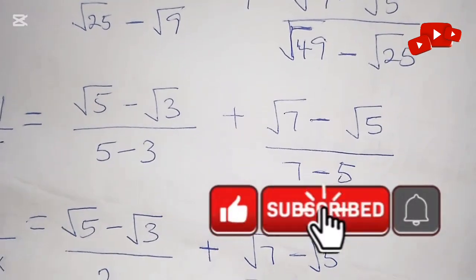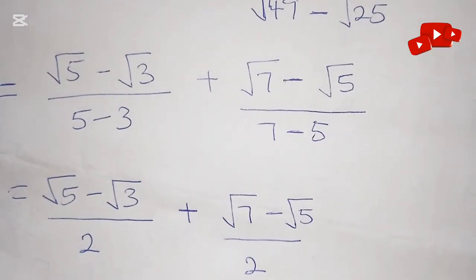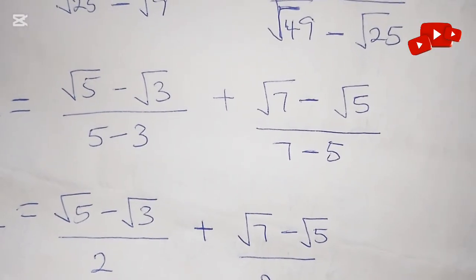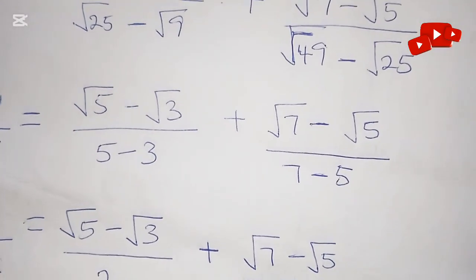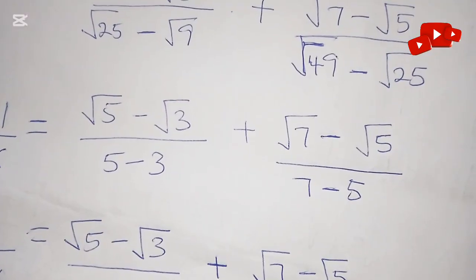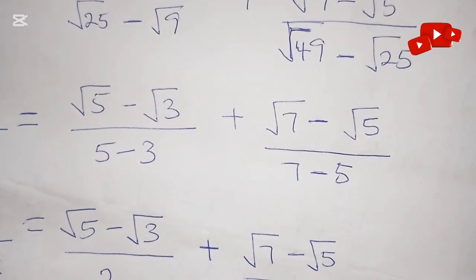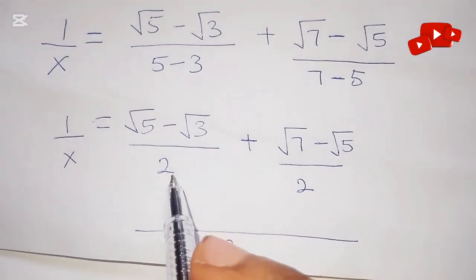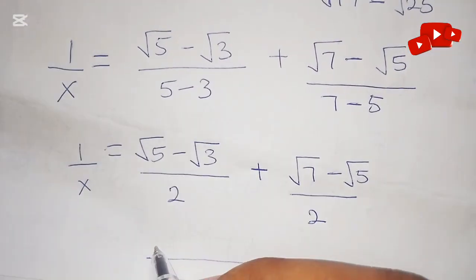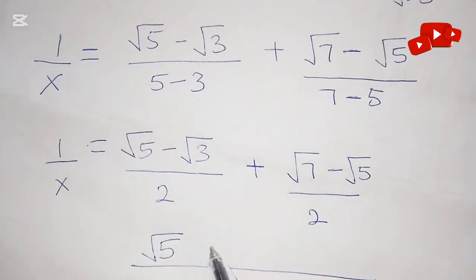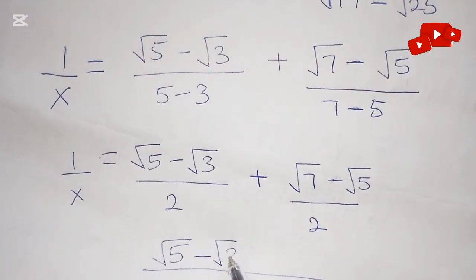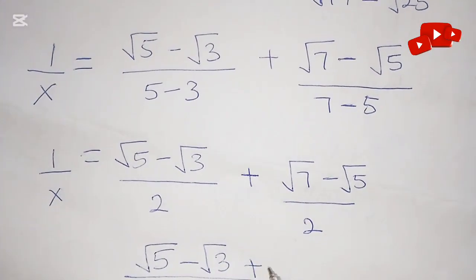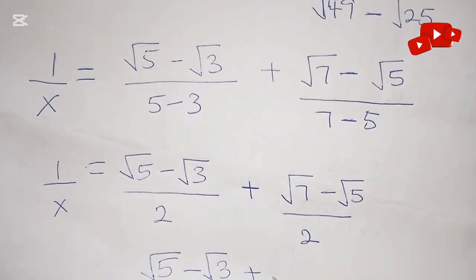If we take the LCM, this would go like this. 2 and 2 is 1, still gives us the same thing. And 2 and 2 is 1, will still give us the same thing.